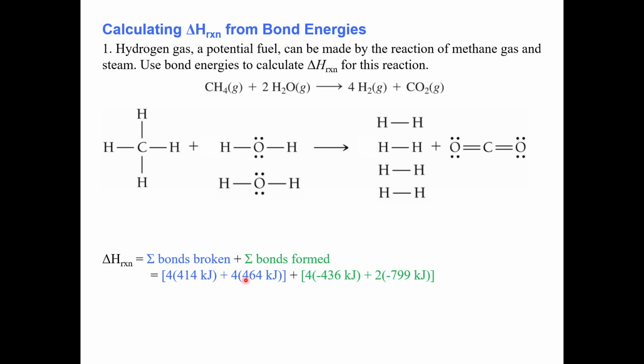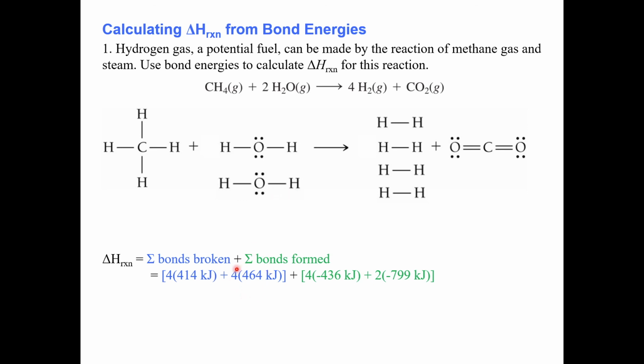With this 4 times 464 kilojoules, you have 2 H2O molecules. And this is why it's important when you're starting out, draw out all of the Lewis structures. So here we could count 1, 2, 3, 4 oxygens bonded to a hydrogen with a single bond.